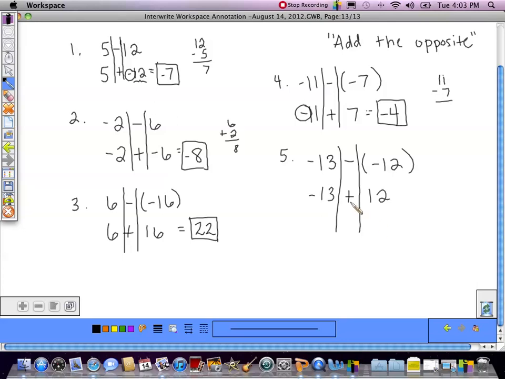All right, you're adding integers, so think of your adding integer rule. If the signs are different, which in this case we've got a negative and a positive, we're going to find the difference. So in my head, I'm thinking 13 minus 12, find the difference, is 1, and keep the sign of the larger number. 13 is larger than 12, so we're going to keep the negative. Your answer is negative 1.